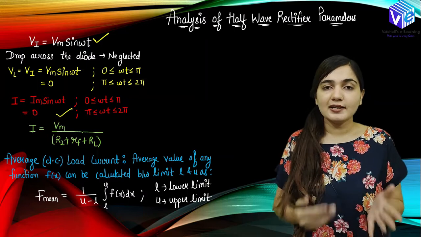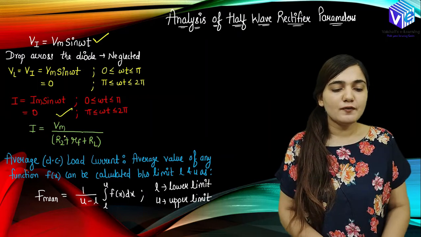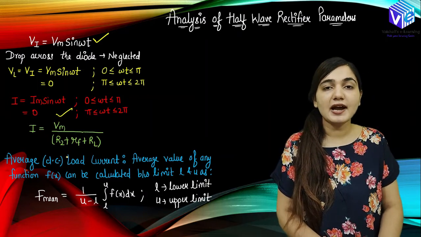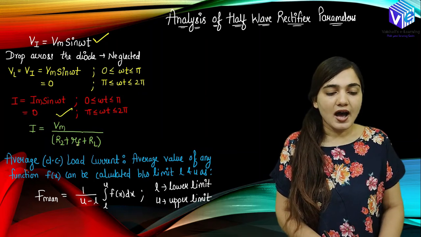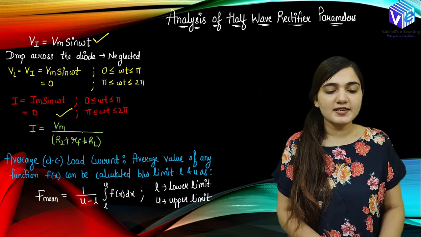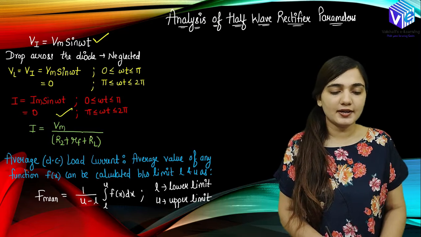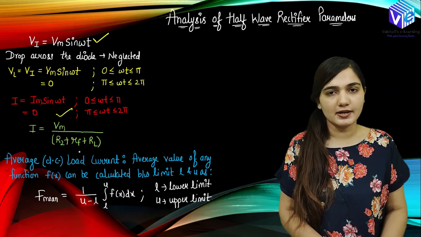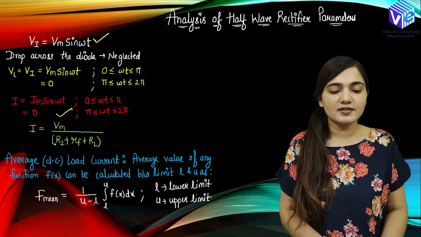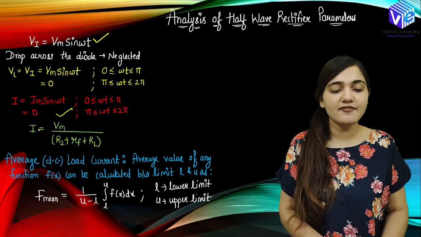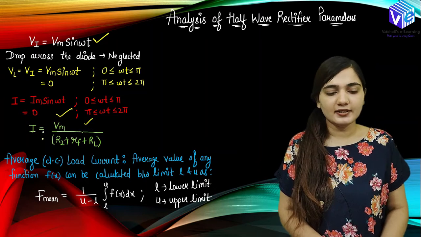The current and voltage are related with the help of Ohm's law. So we will be taking Vm and dividing it by R2 plus RF plus RL. So R2 plus RF plus RL is the total resistance of the circuit, right? RF is the forward resistance, R2 is the coil winding resistance, RL is the load resistance that we have, and in this manner I can calculate the current.